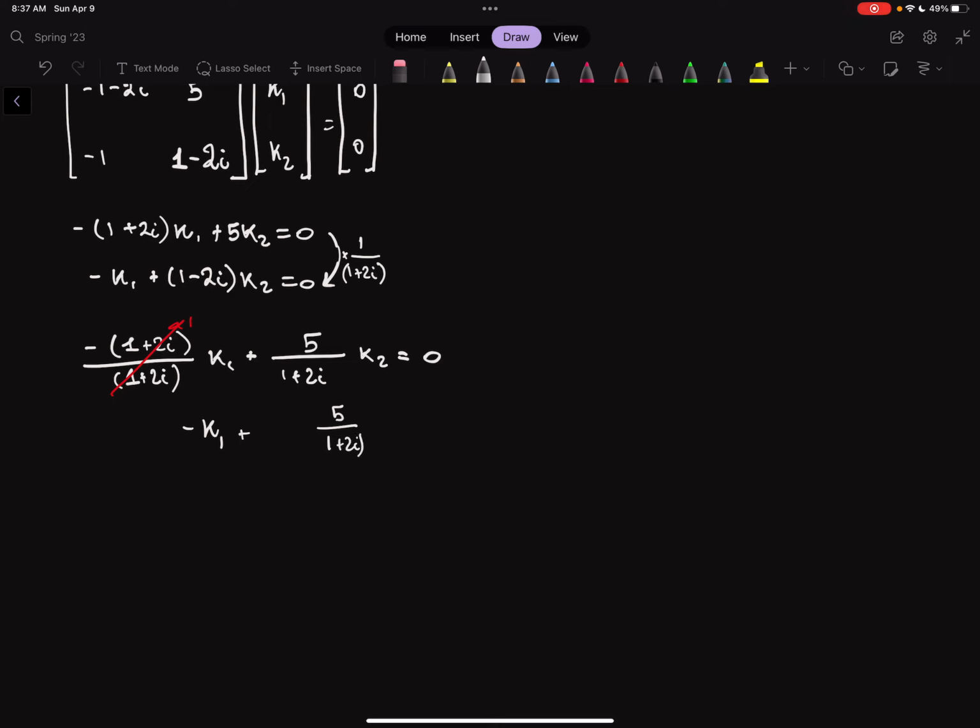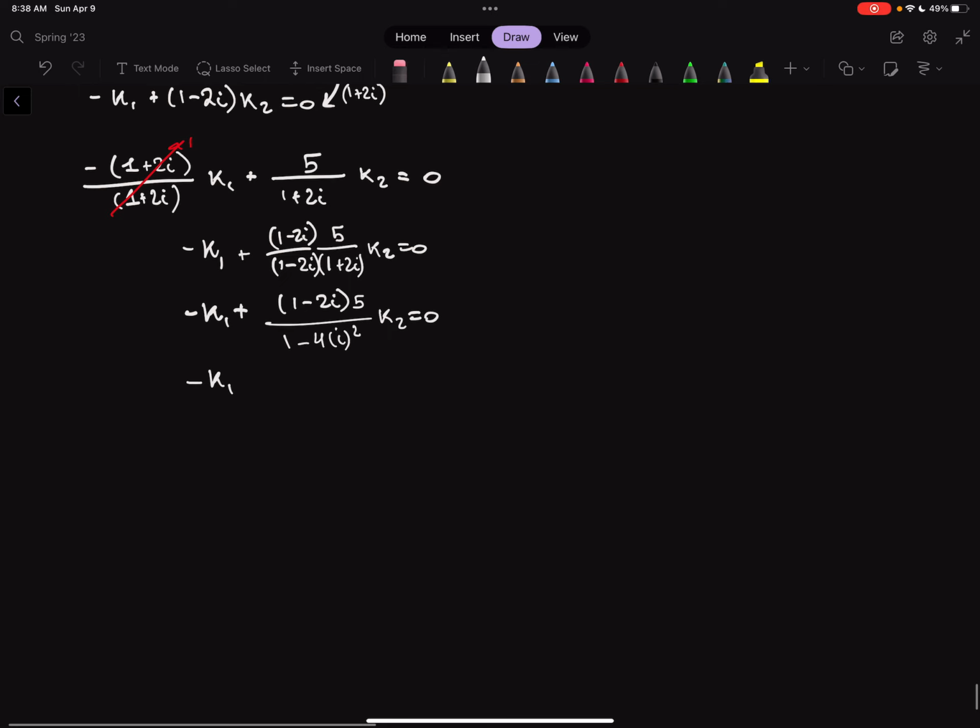1 plus 2i. Well, let's multiply this by the complex conjugate so that we take this away from the denominator. K2 equals 0. Well, now we have negative k1 plus 1 minus 2i, 5. Difference of squares, 1 minus 4 times i squared. K2 equals 0.